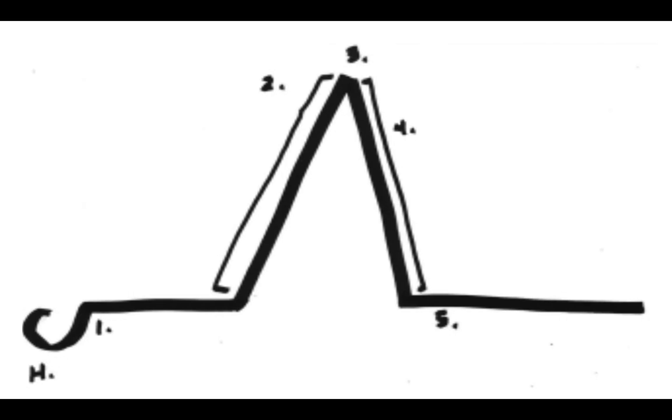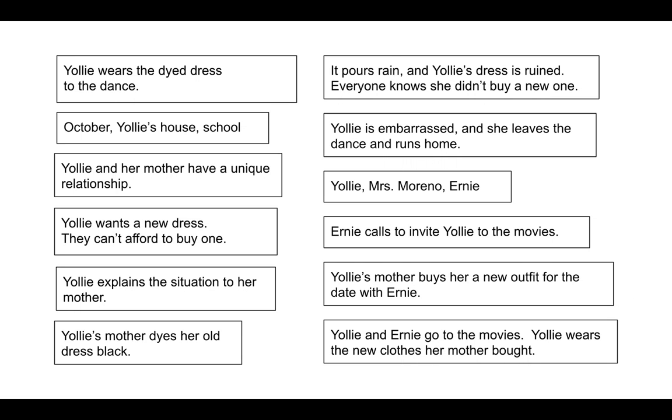After you've drawn this chart in your notebook, you will see that there are several pieces that could be placed on the plot diagram in the exposition, rising action, climax, falling action, and resolution spots.